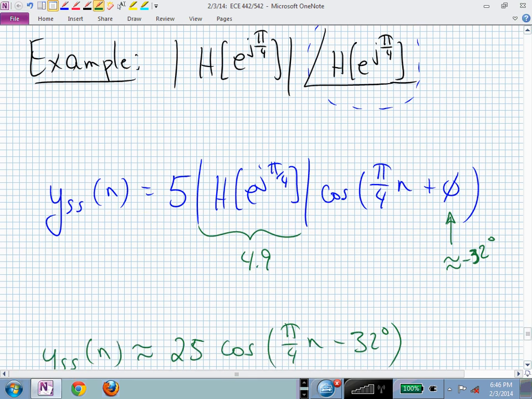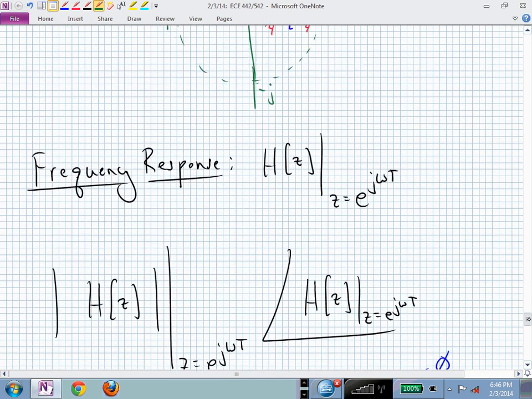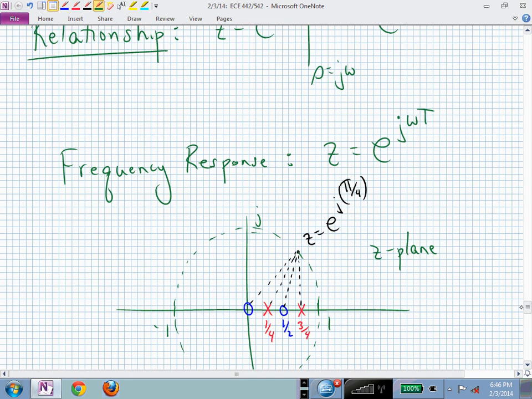And we could look at all of these individual angles, and we have the angles of our zeros minus the angles of our poles, and that ends up giving us minus 32 in this particular problem.